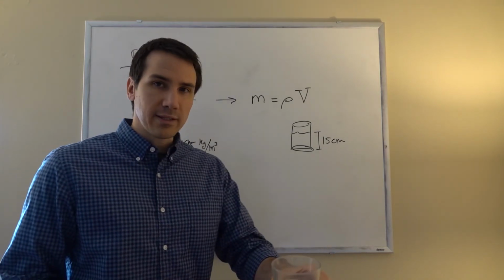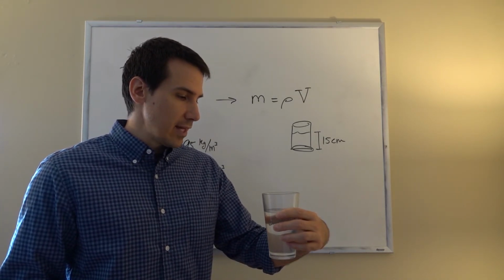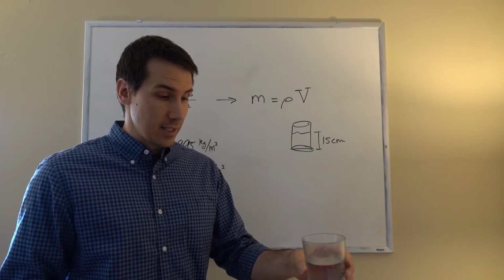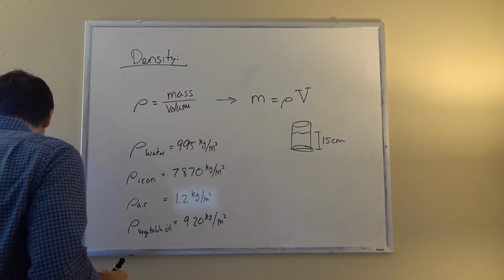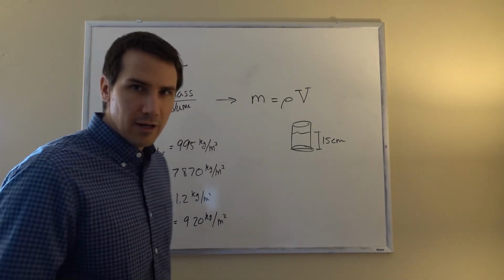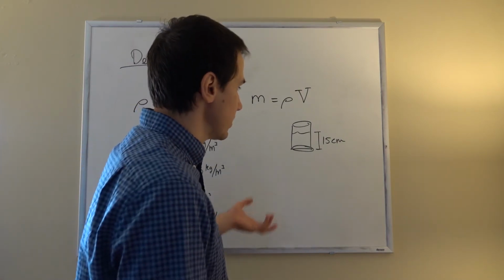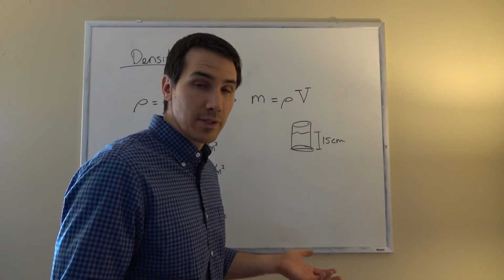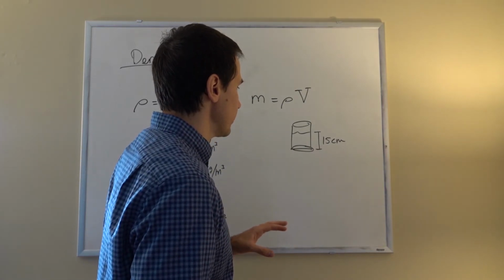And if I look at the top of the cup here, I am going to estimate that the diameter of this cup is about 10 centimeters. Now, my numbers might be off by a bit. The diameter of the cup might be 15 centimeters and this height might be 20 centimeters. But I'm looking for a rough estimate, so I'm not terribly worried about that.